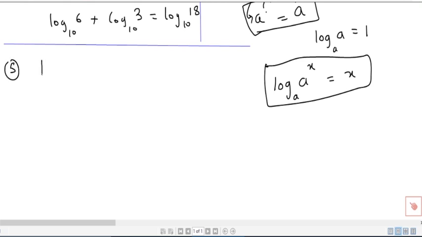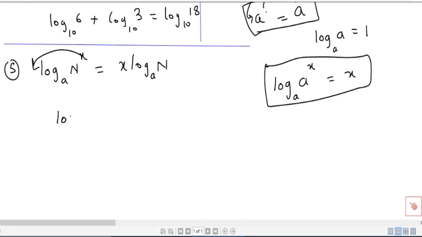which says that if you have log at base a of some number n to the power x, then it will give you x in the front of log at base a of n, which means this power goes in the front. This power always goes in the front. What does it mean?